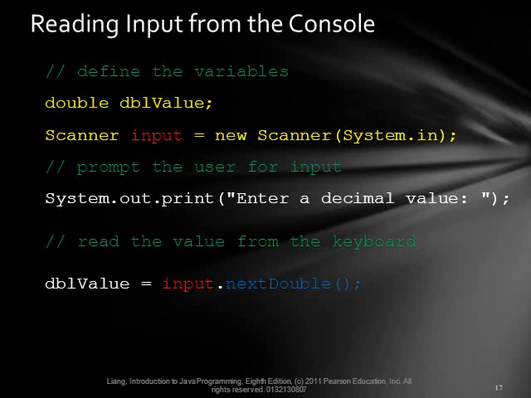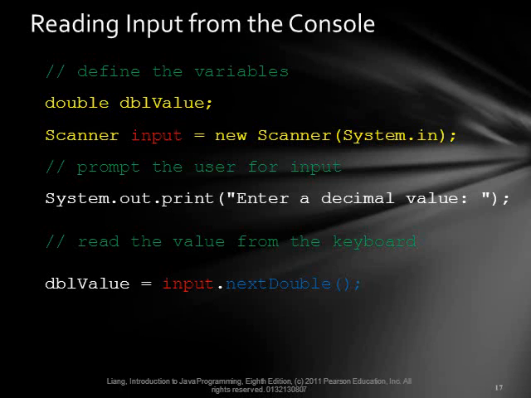I'm going to set the value of double value to input dot next double parenthesis. Okay, so what is that? I'm calling my input object, that's my object that's of type scanner, and it says I want you to use the method called next double, so you can read a double value from the keyboard.